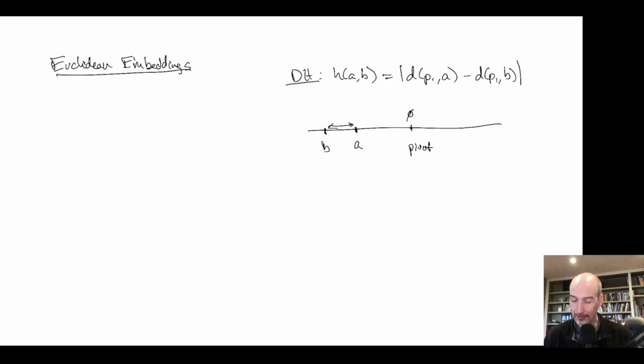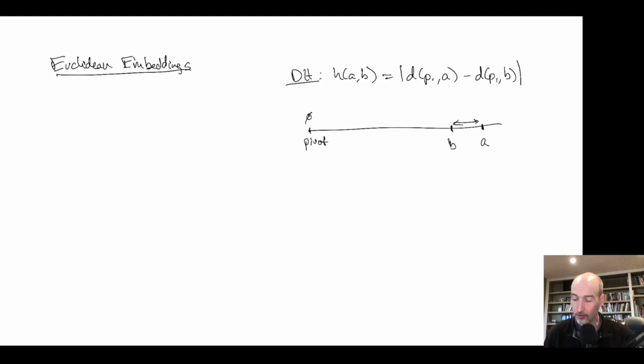Now, I have to be a little bit careful here, because in practice the states themselves are always going to have positive distances from the pivot. So I should really move the pivot over here, and I really start out with my pivot at the very bottom of my state space.